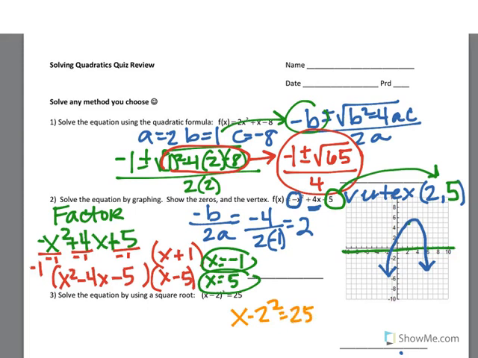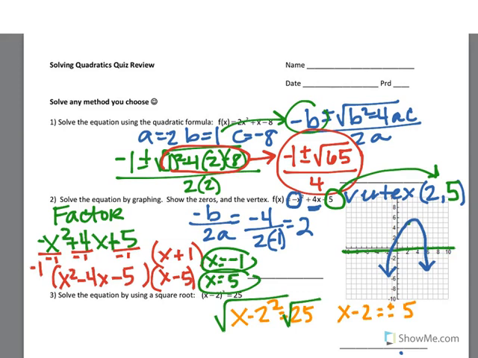So I would take the square root, and this would cancel out the squared and the square root. And if I square root one side, I have to do the same to the other side. So then this would cancel out, and I would have x minus 2 equal to plus or minus 5, because 5 is a perfect square.